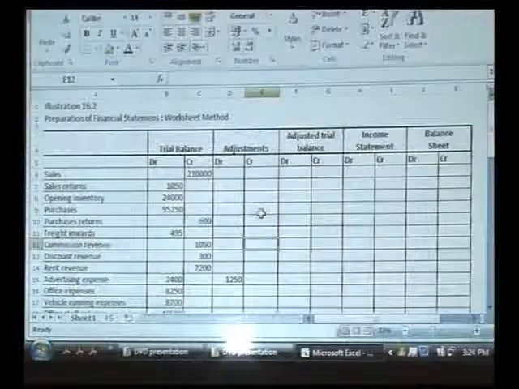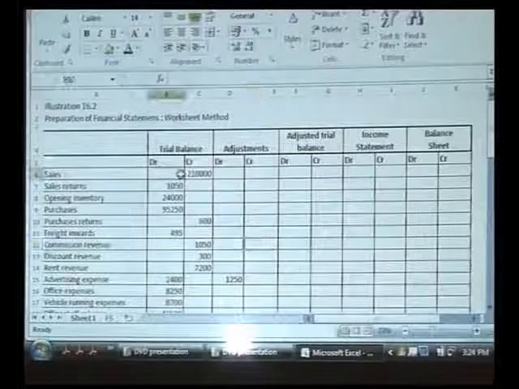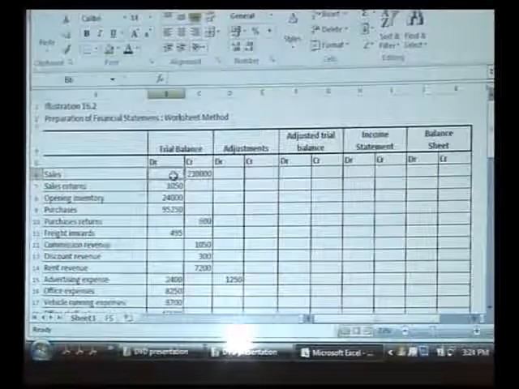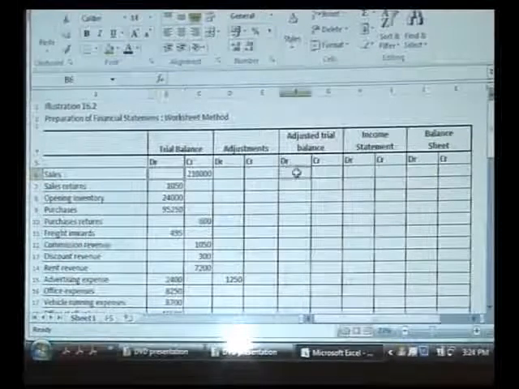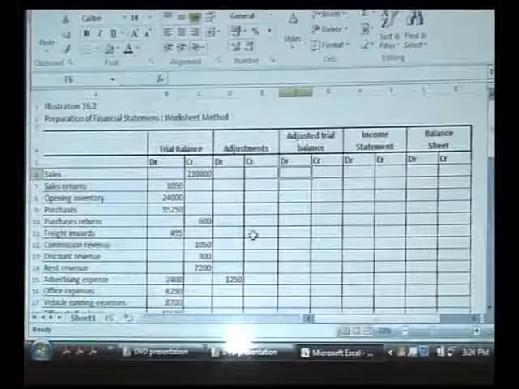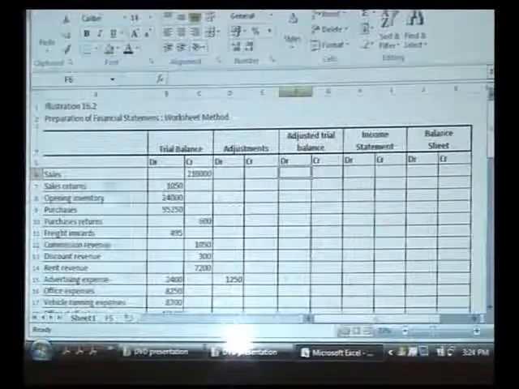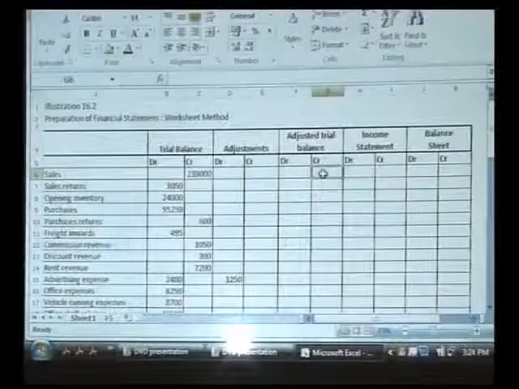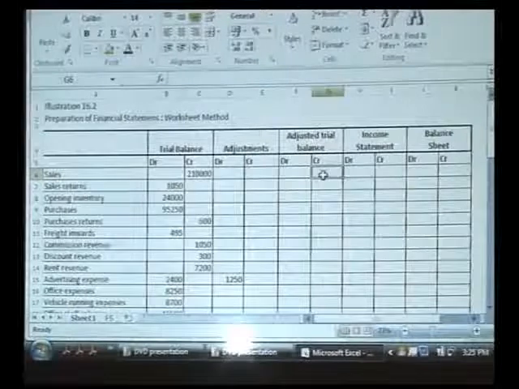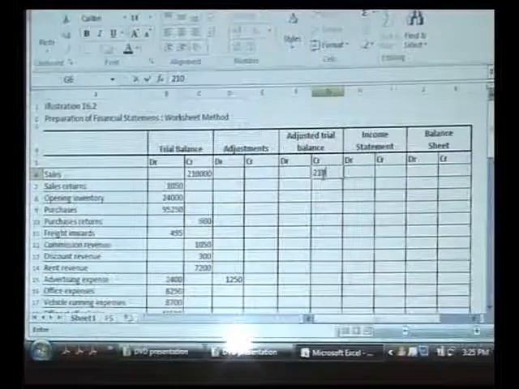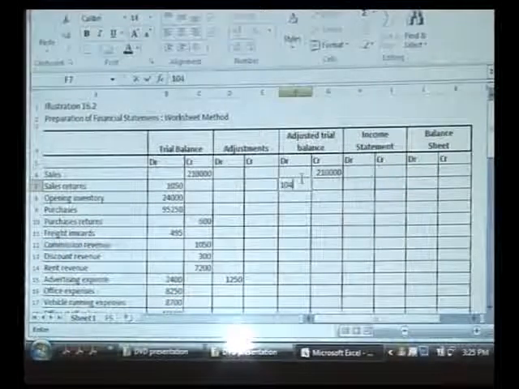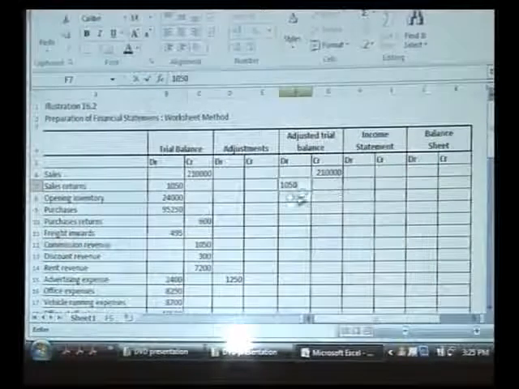Adjusted trial balance means original trial balance, incorporate adjustments to the original trial balance, then you will find the adjusted trial balance amounts. Sales 210,000 credit, no adjustment. Same amount, 210,000. 1,050, no adjustments.